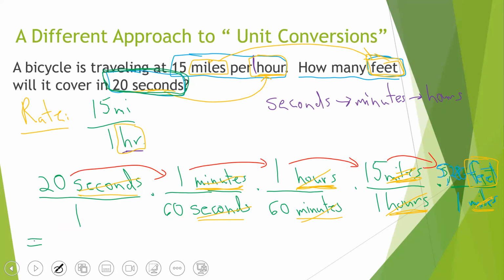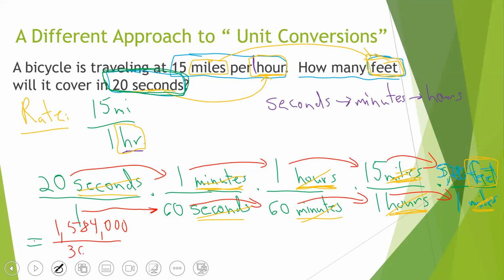And if we do that, we would get 1,584,000 in the numerator. Do the same thing in the denominator, so multiply the 1 by 60 by 60 by 1 by 1. We'll end up with 3,600 in the denominator. We also have to remember to include our units here. Since the only units that didn't cancel out were feet, we're left with feet there.